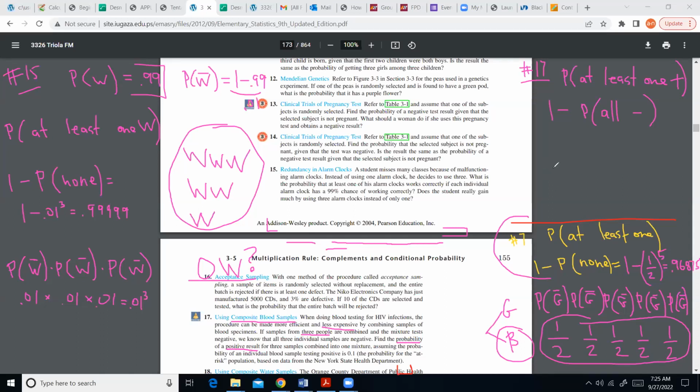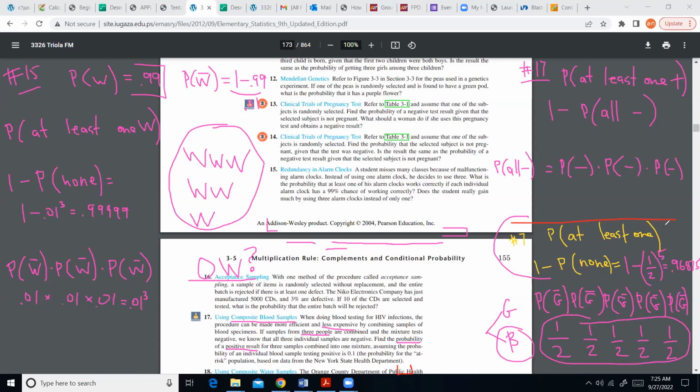The probability that all are negative means that the first is negative, times the second is negative, and again times the third is negative. So it will be the probability of negative raised to the power of 3.